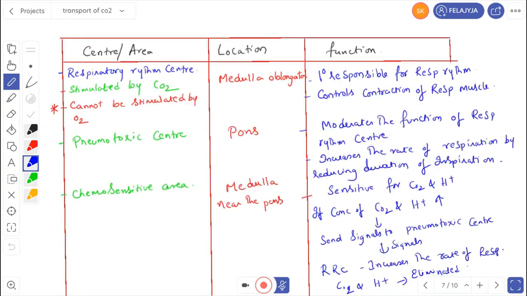Now let us go for the neural control. That means control of respiratory movements and respiratory rhythms, or we can simply say regulation of respiration.